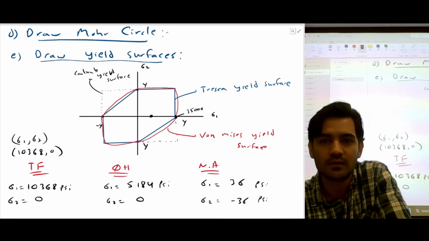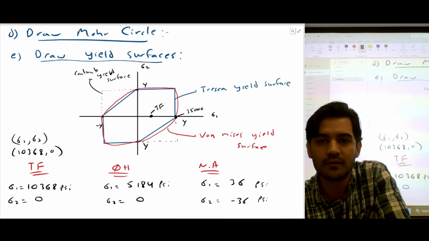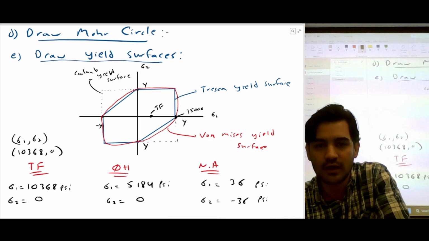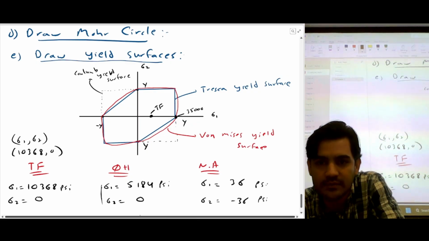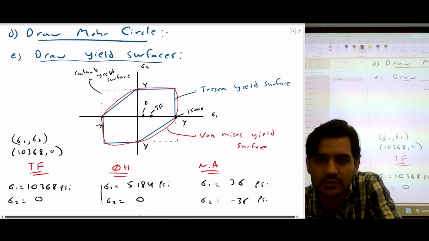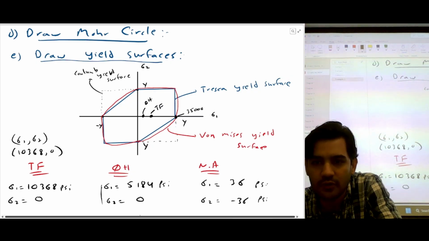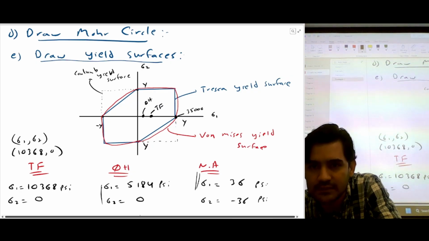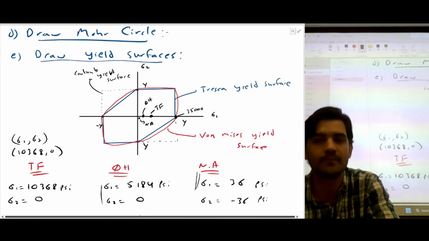This is our top fiber. And if you want to plot our quarter height, it's going to be somewhere here. This is quarter height. And if you want to plot the neutral axis, it's 36 and minus 36. It's going to be somewhere here. This is our neutral axis.